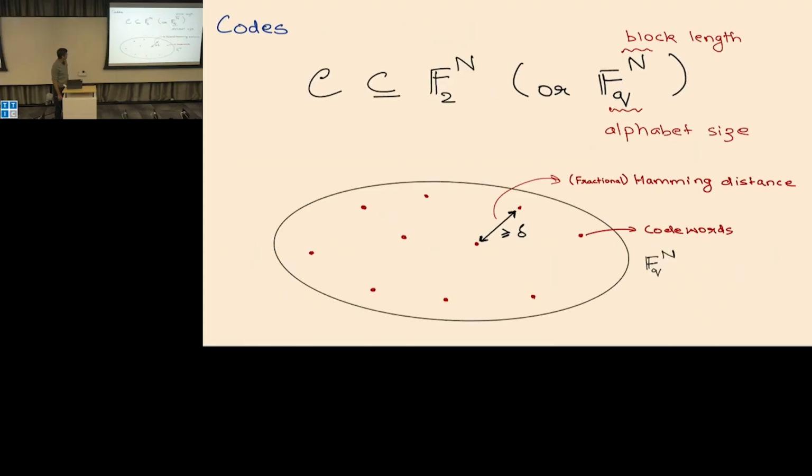And okay, let's make this a little more formal. So we'll think of codes as a sequence of bits or a sequence of symbols. And we'll think of these symbols as in a field of size 2 or more generally of size q, which we'll call the alphabet size. The length of the sequence is what we call the block length of a code word, and a code is a collection of such code words. So it's a subset of F2 to the n or Fq to the n.